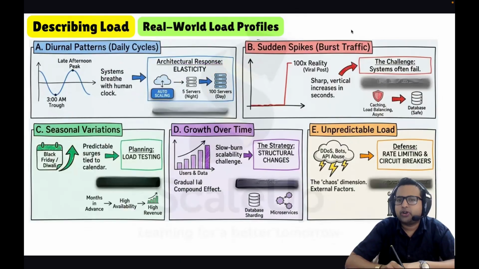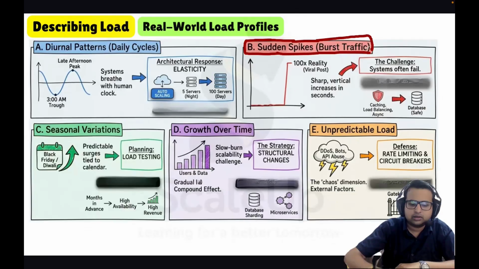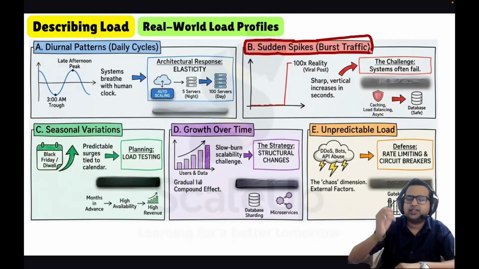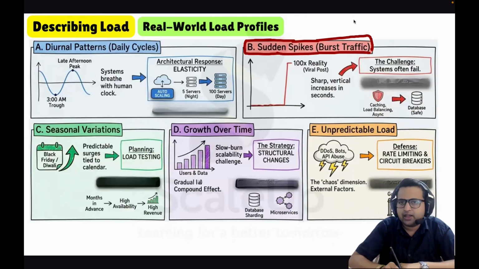So if we talk about real world load profiles, we also have sudden spikes, burst traffic. Unlike diurnal patterns, these are sharp vertical increases in load that happen in seconds.